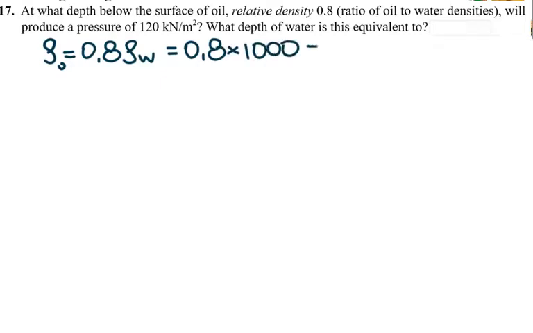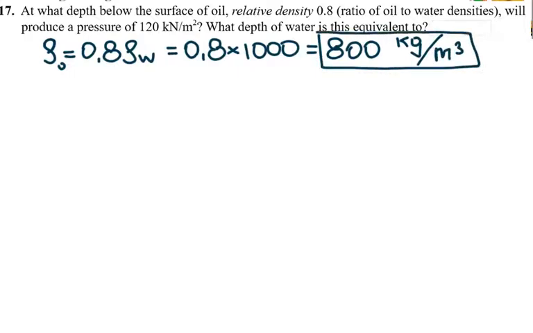The density of oil is 0.8 times the density of water, which is 0.8 times 1,000, and that is 800 kilograms per meter cubed. So I have the density of the oil.